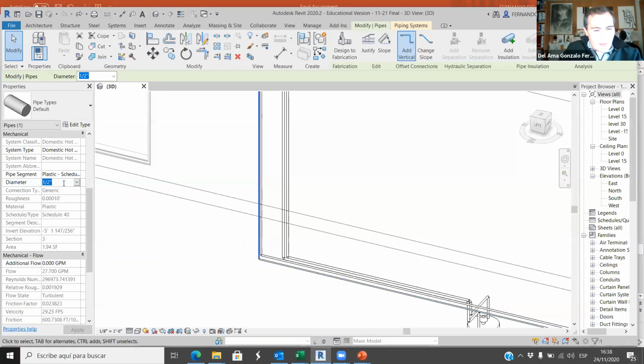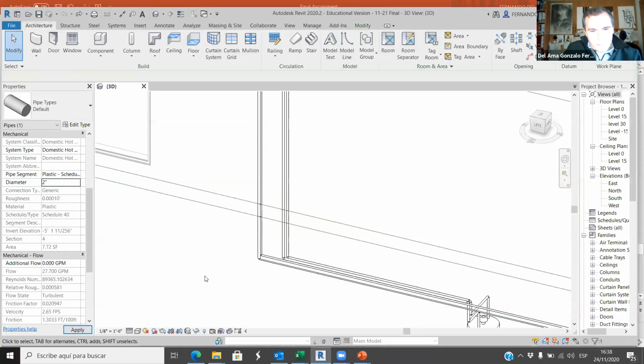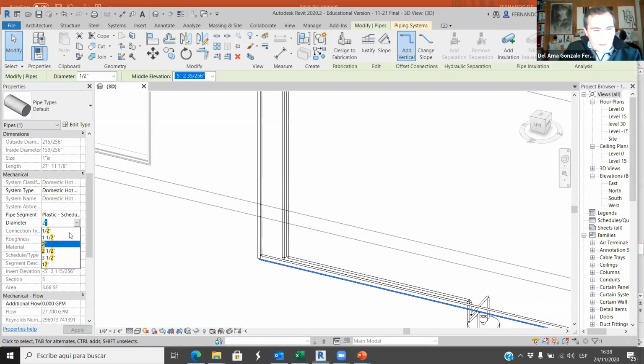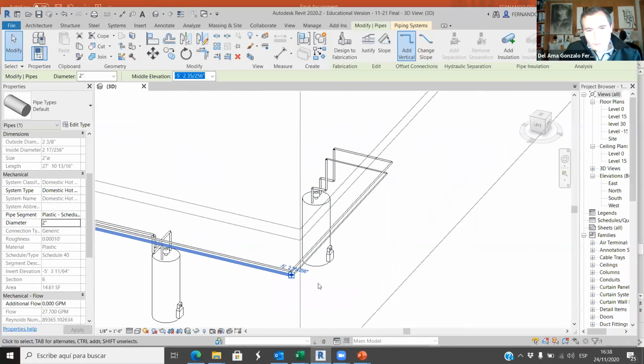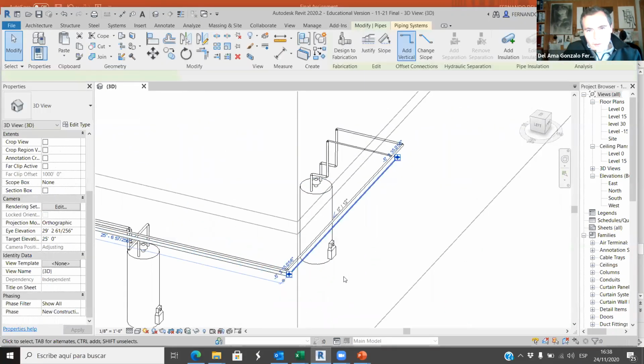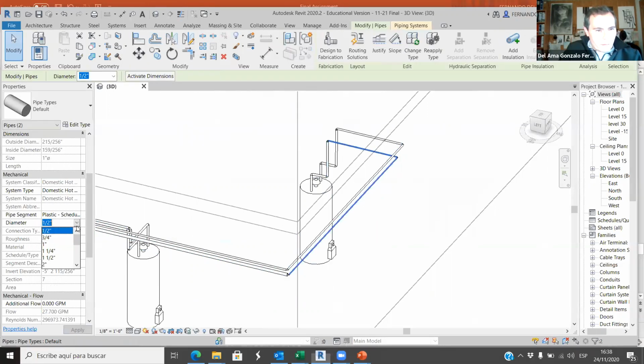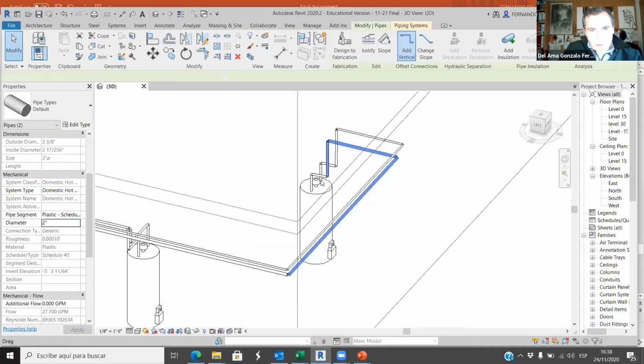So this has to be 2 inches. Okay, so everything that is connected to this has to be a 2-inch pipe all the way here.